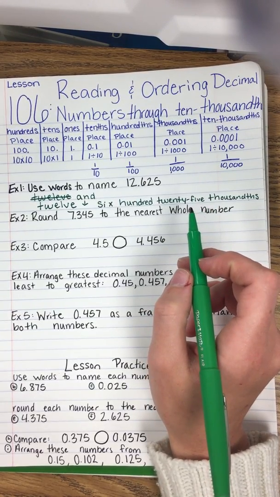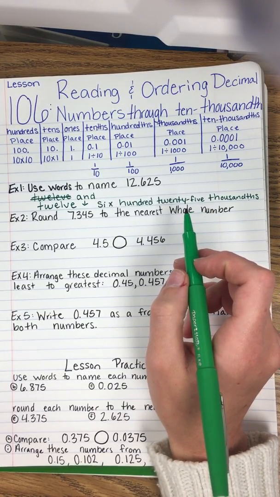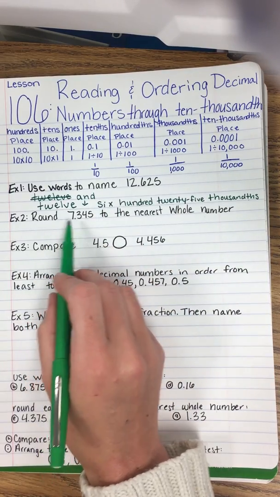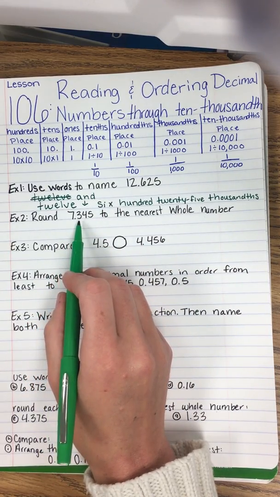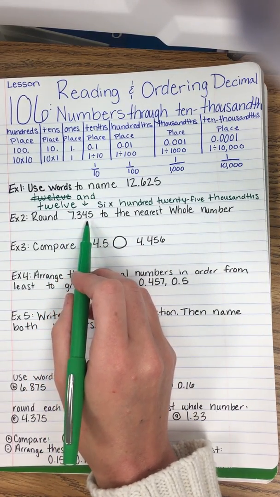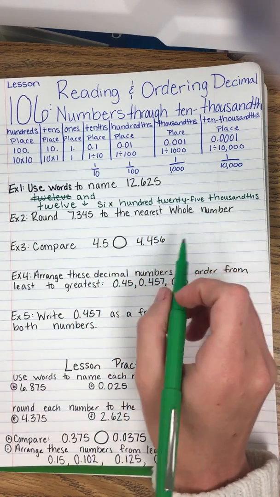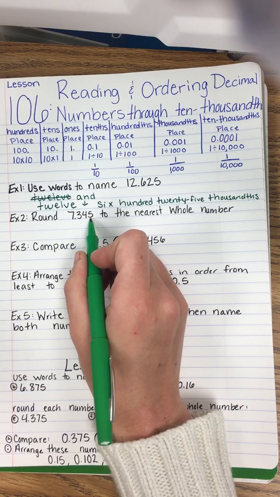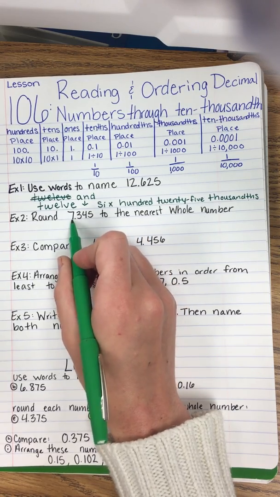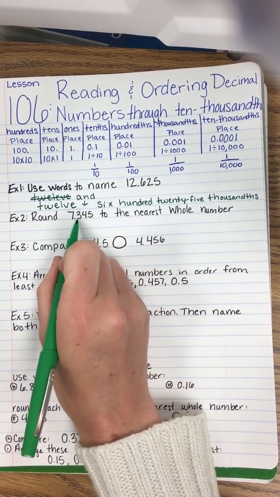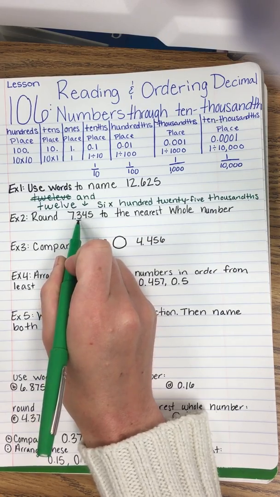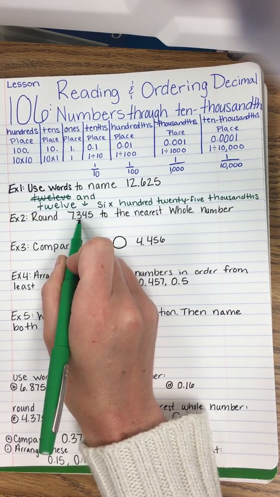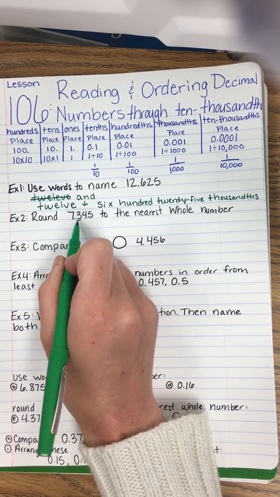All right, example 2. Round 7 and 345 thousandths to the nearest whole number. You're going to look at the whole number, and then you're going to look at this first decimal place, because this is the one that's going to determine if you are bumping this up or leaving it down.